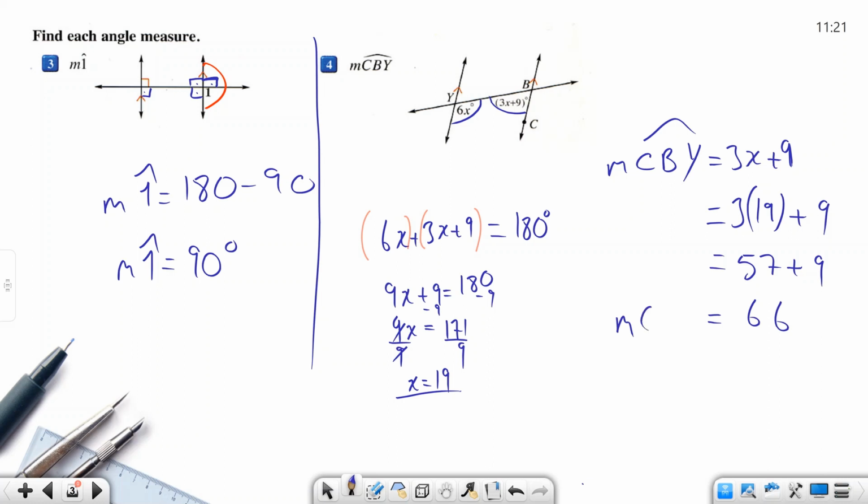So the measure of angle CBY is equal to 66.